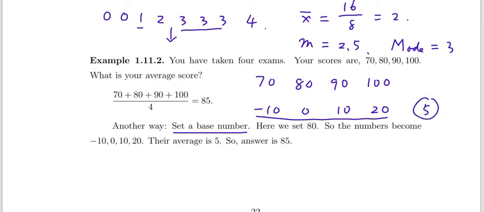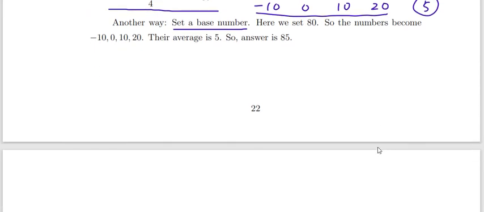So we can say the average is just 80 plus 5. So this way is maybe simpler than this one, because this number is too big. This is the usual way we can do this: make the summations with numbers that are smaller, so it is easy for calculation.